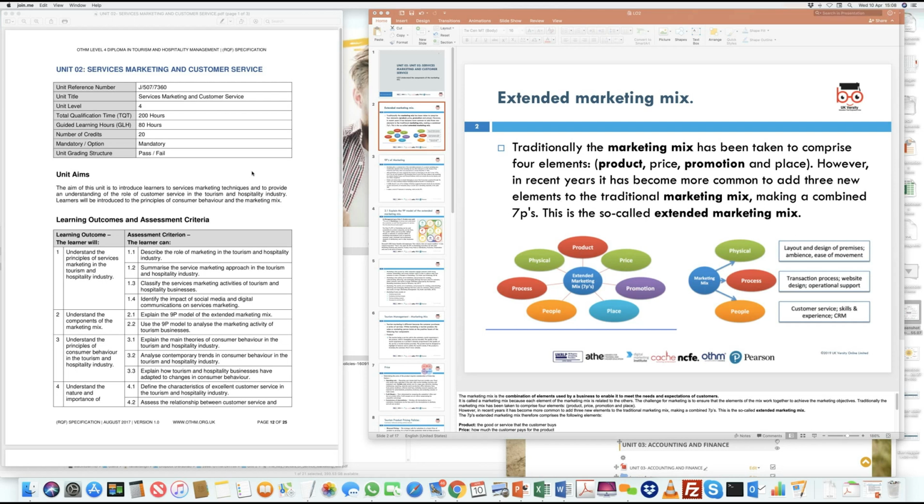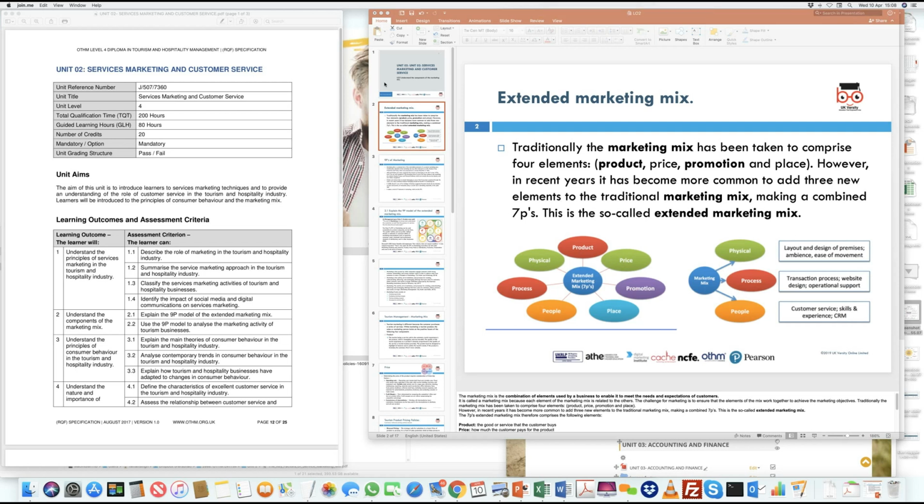And that is where we'll dive into the marketing mix to understand which of the traditional P's actually help us market the products and services within the tourism and hospitality sector and are 100% related to the aspect of providing the best customer service, quality of service, good customer service, those kind of things. And that is what we're going to focus on today.